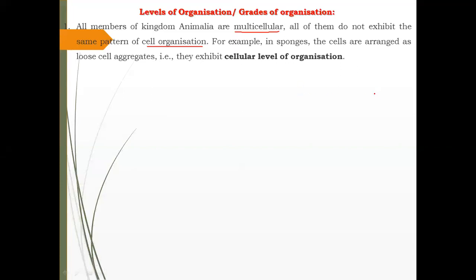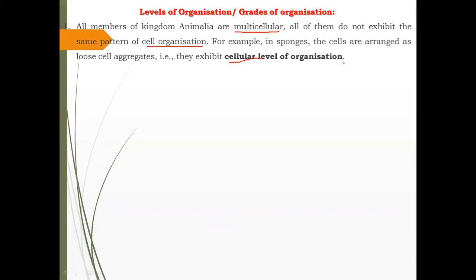You know, sponge does not have any organs or tissue. Organs, in the sense, for example, your leg, feet, such type of organization is not present in sponge. They just show a cell formation, that is called cellular level of organization.